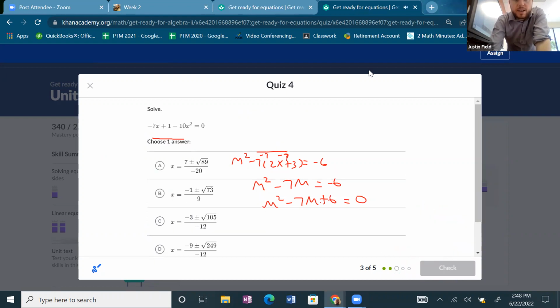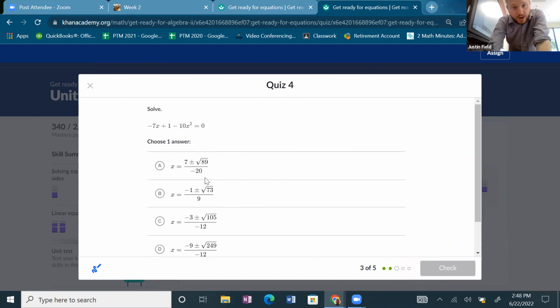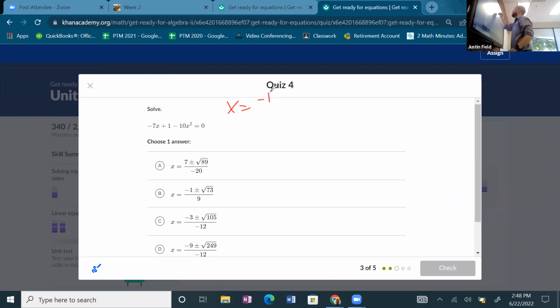All right. This one, as you can see, has the plus or minus the square root. They use the quadratic formula, so we better use the quadratic formula. What is the quadratic formula? It's x equals negative b plus or minus the square root of b squared minus 4ac, all over 2a.